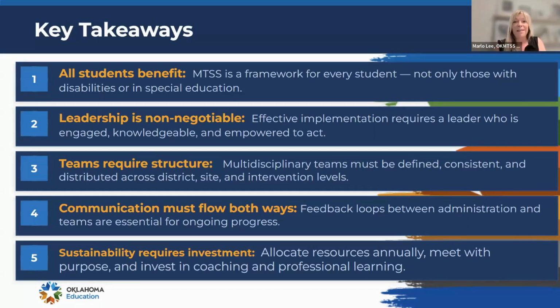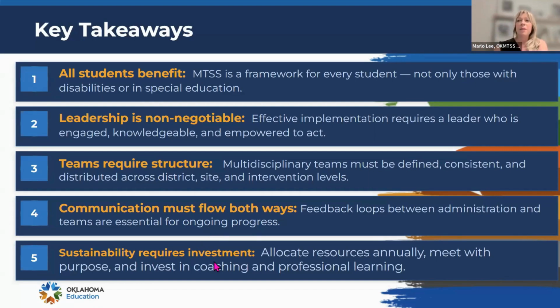Or making MTSS implementation updates part of your agenda at your staff meetings. Because the fastest way to get people to not buy in is to keep them in the dark about things or have them hear things in pieces in unstructured ways.